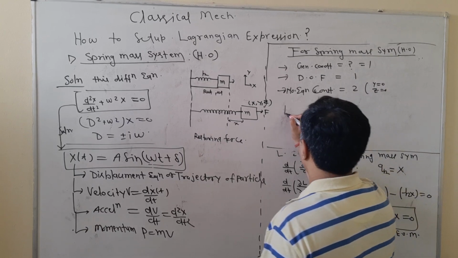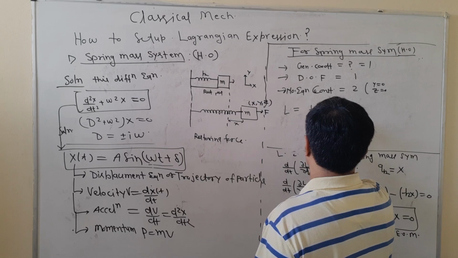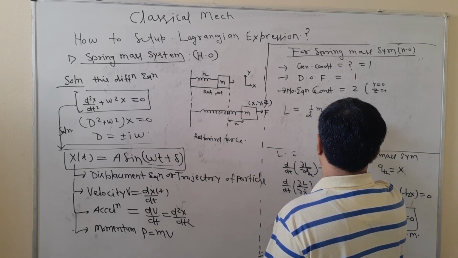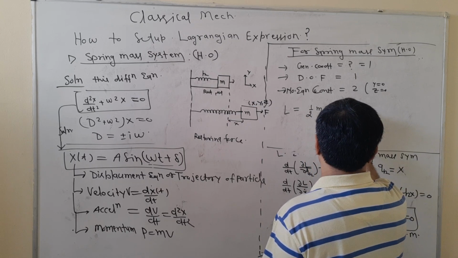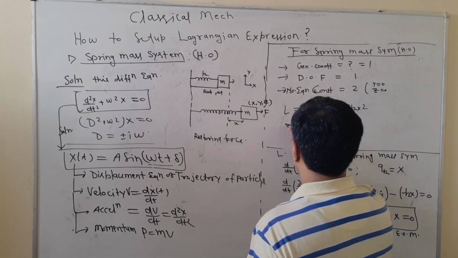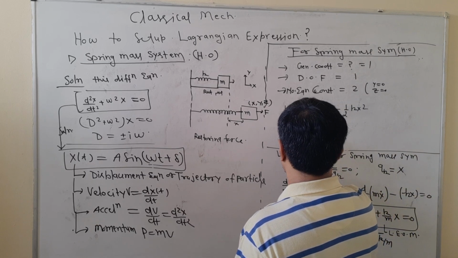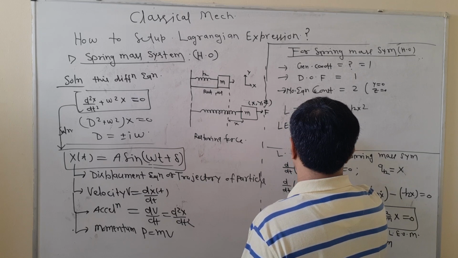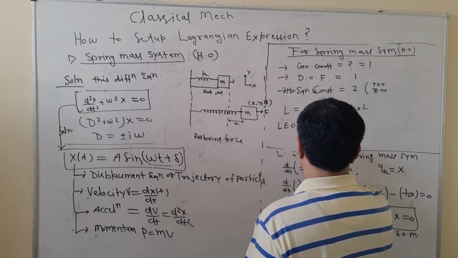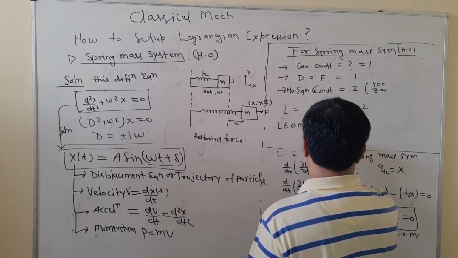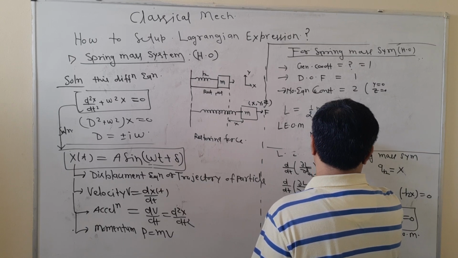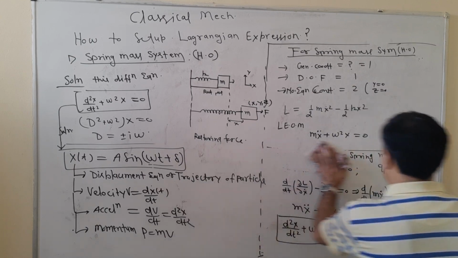So this is the Lagrangian, which is 1 by 2 m x dot square minus 1 by 2 k x square. The Lagrangian equation of motion is m x double dot plus k x equal to 0, that is, x double dot plus omega square x equal to 0.